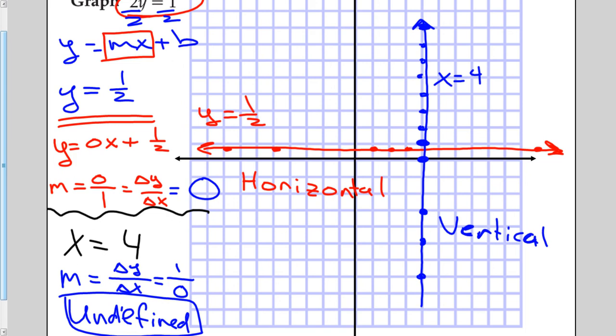So please take a look at both of them. They're both important, and they're both a little special because they're not a combination of the two. It's either x doesn't matter for a horizontal line, and you get y equals a number, or the y-intercept, or x equals a number, and y doesn't matter, and you get the x-intercept, and you get a vertical line. And I have to make sure that I put arrows on both ends.